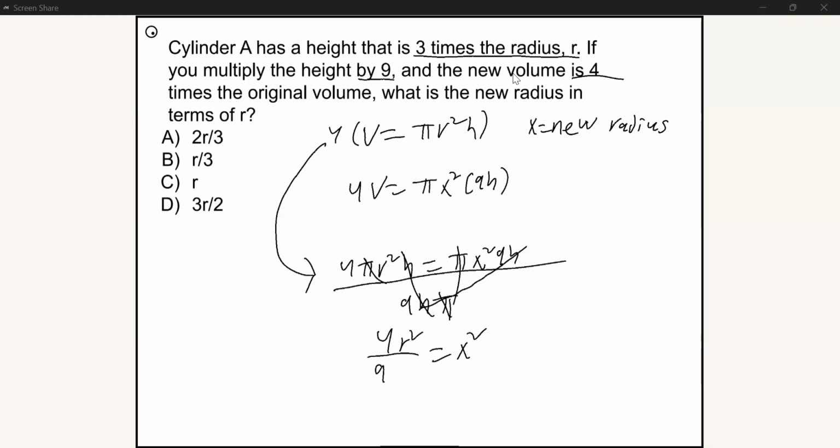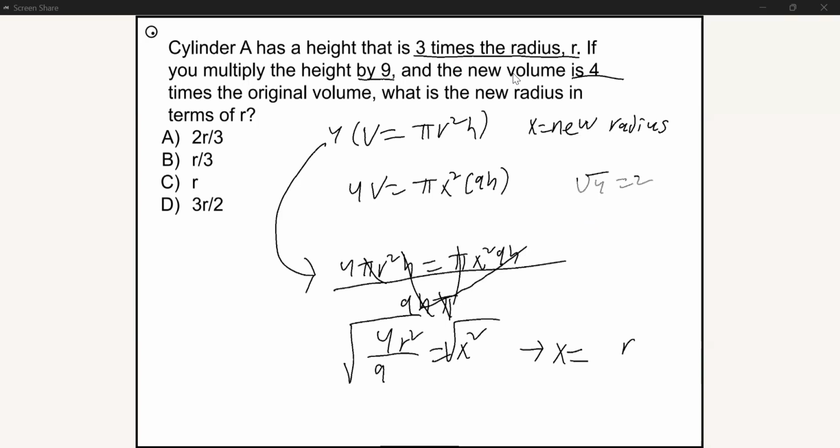And now let's do square root, right, to get x. So when you square root, you're going to get x equals the square root of r squared is going to give you r. Square root of 4 ninths. Square root of 4 equals 2.